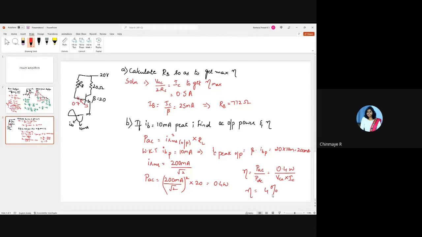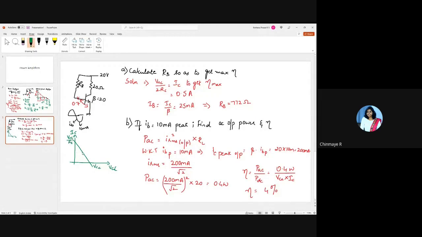Right? So now what do you think is happening here? Even though you have fixed the Q point at the center, as in VCE and IC, so now here, this is your VCC load line. Now, this is VCC by RC.